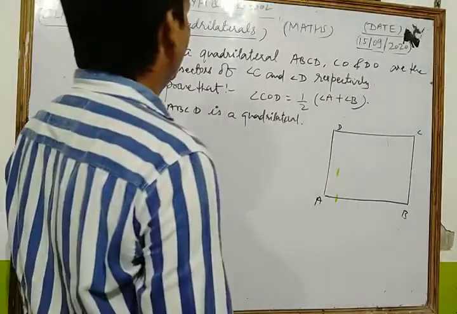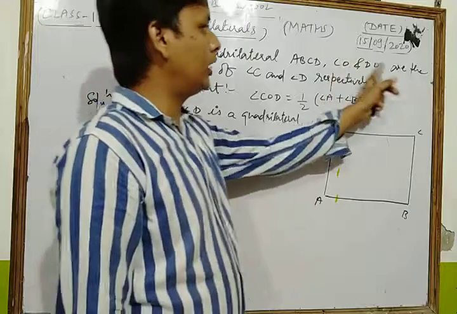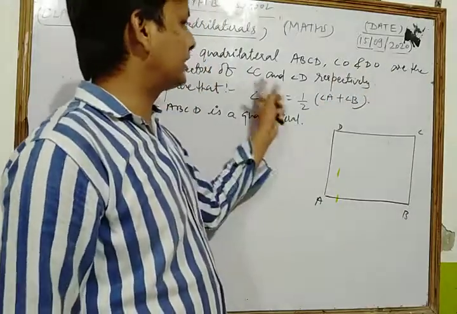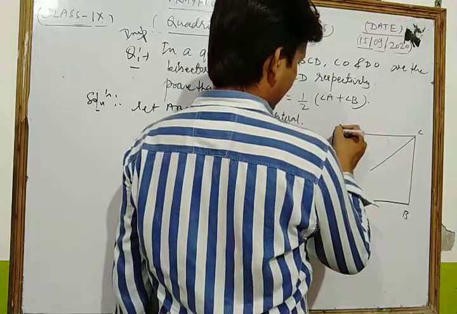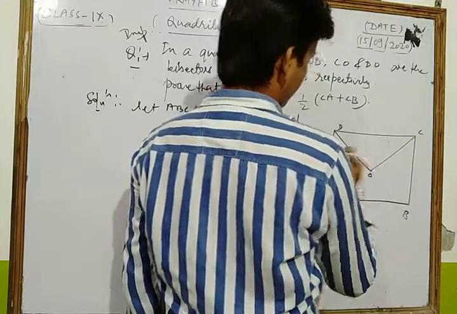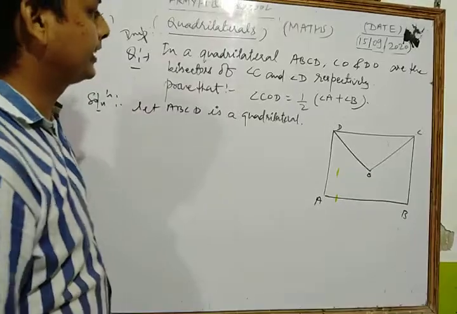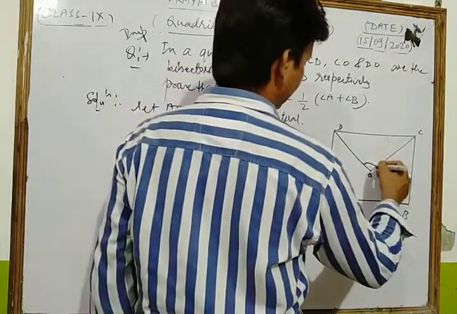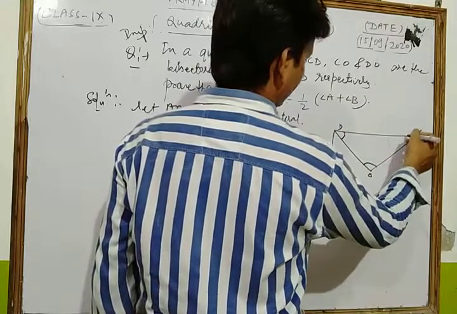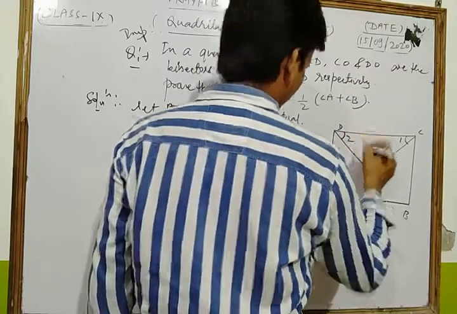Okay, now let's see. Here CO and DO are the bisectors of angle C and angle D respectively. We have to show that angle COD. Let us take this as angle 1 and this as angle 2.